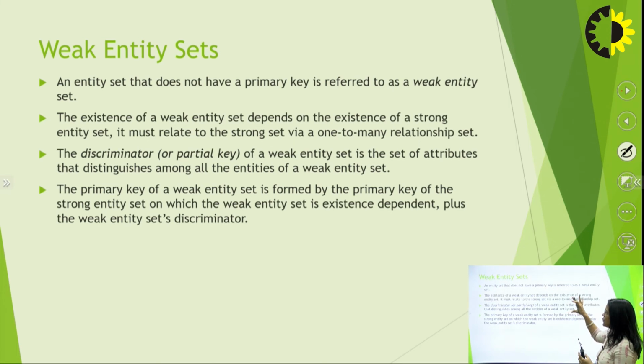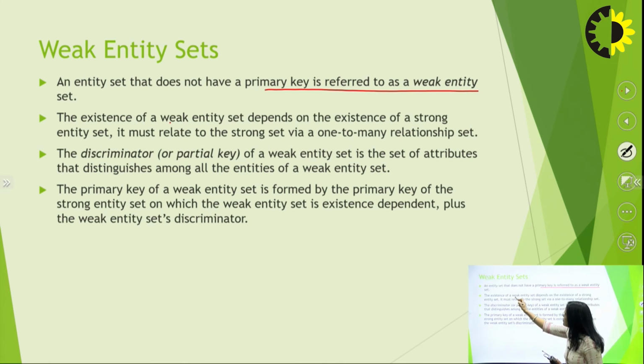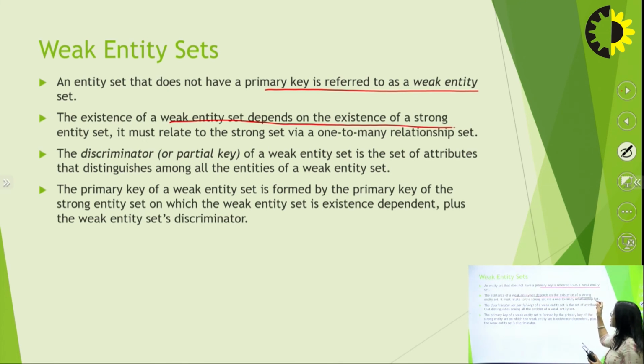Now we need to discuss the weak entity set, which is related to the existence dependence which we have studied. An entity set that does not have the primary key is referred to as a weak entity, right. So entities which do not have a primary key will be referred to as the weak entity set. Okay. So the existence of the weak entity set depends on the existence of the strong entity set.